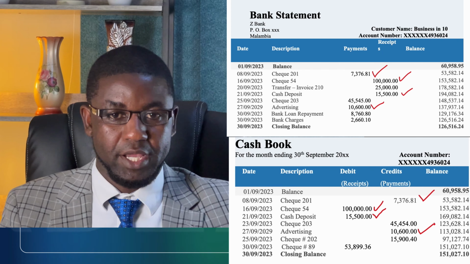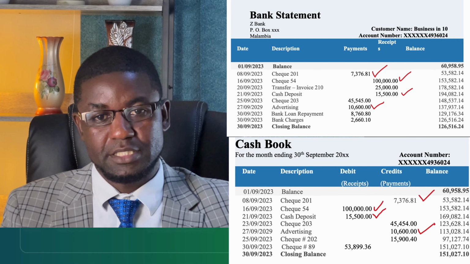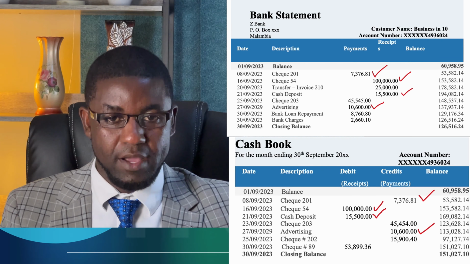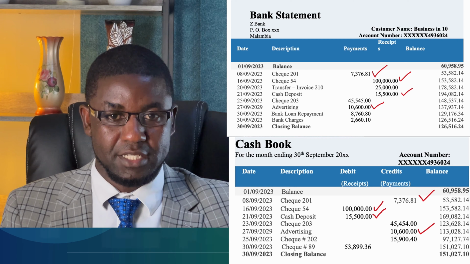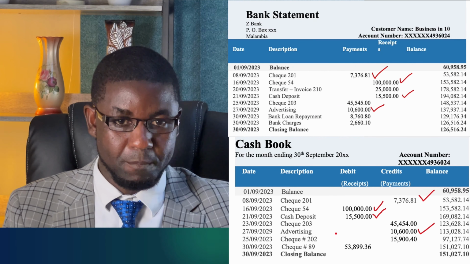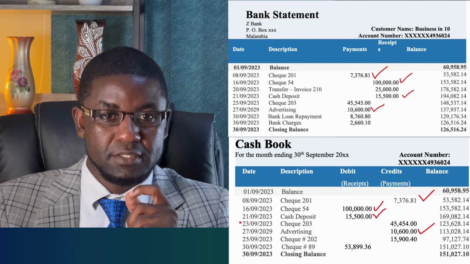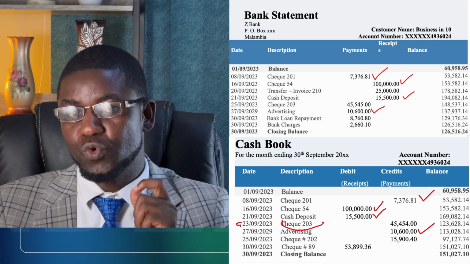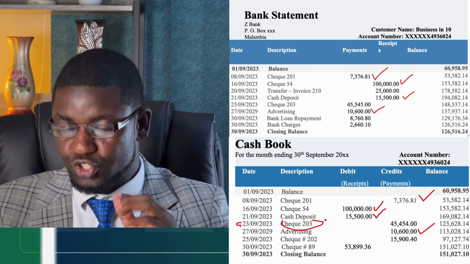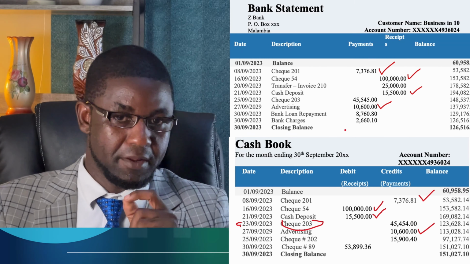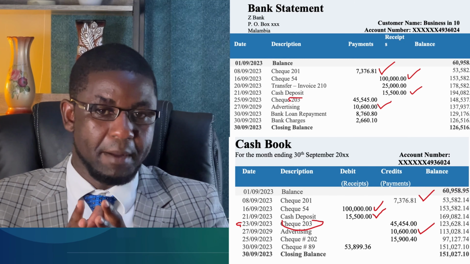Now, if you go through the bank statement and the cash book, we can see that there is no other transaction that appears both in the bank statement and the cash book. You can notice that on 23rd September, we have check number 203, which also appears in the cash book as check number 203. But there is a difference in terms of the amount.